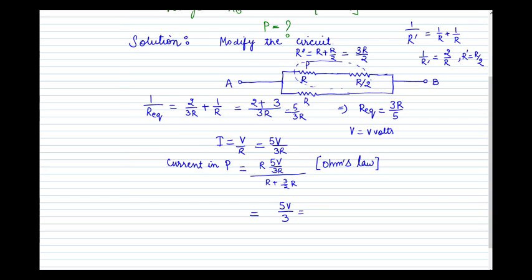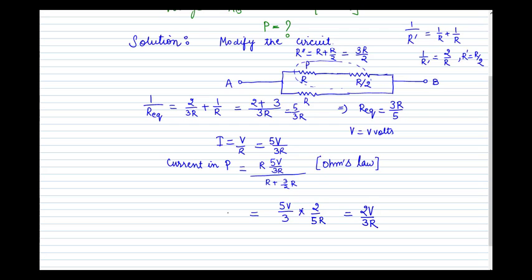So 3 by 2 plus 1 is 5 by 2. This 5 cancels out and we are left with 2V upon 3R.